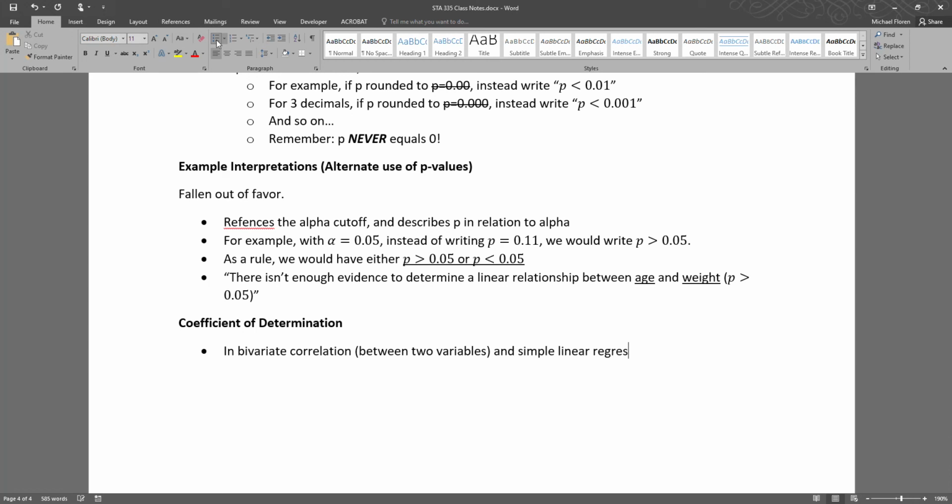And in simple linear regression, which will be an upcoming video soon after we're done with correlation, Pearson's correlation coefficient can be used to directly calculate something called the coefficient of determination.